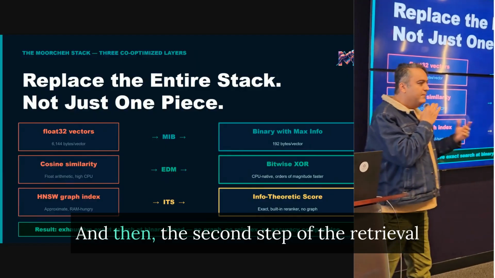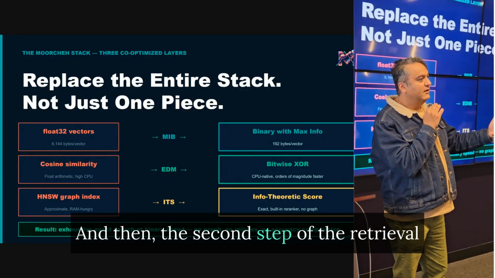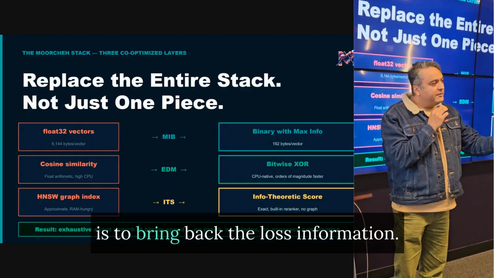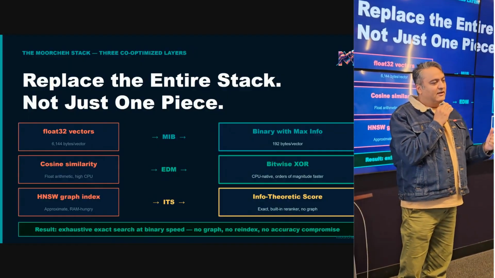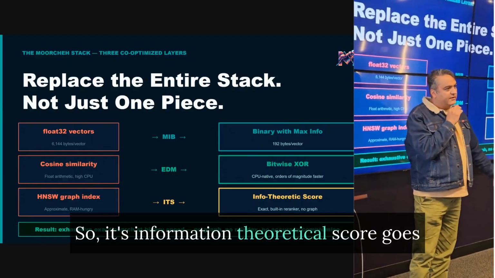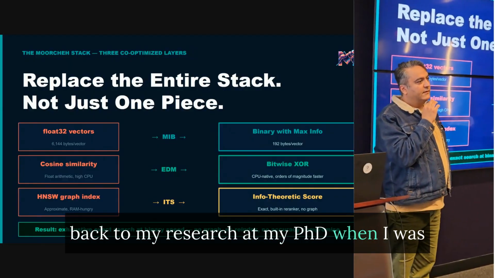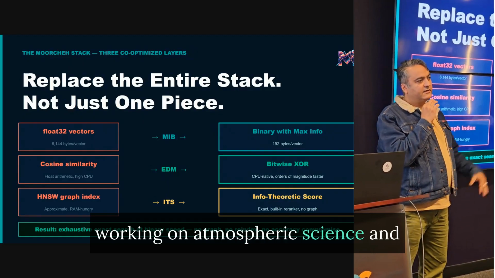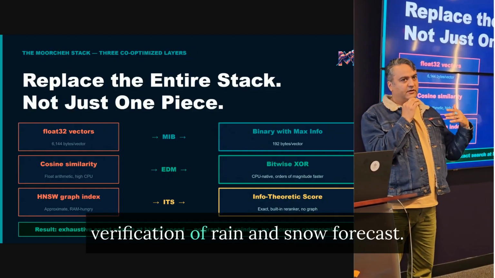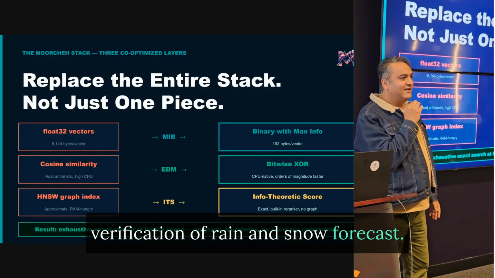Okay. And then the second step of the retrieval is to bring back the lost information. So the information-theoretic score goes back to my research at my PhD when I was working on atmospheric science and verification of rain and snow forecasts.